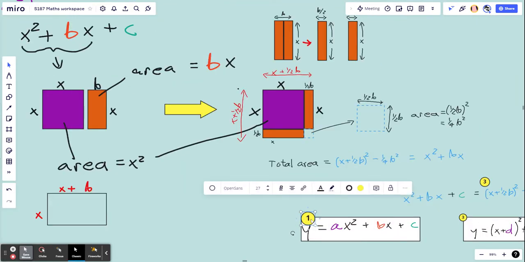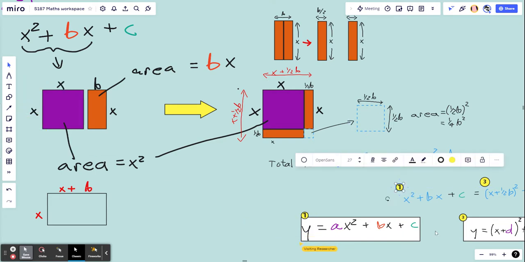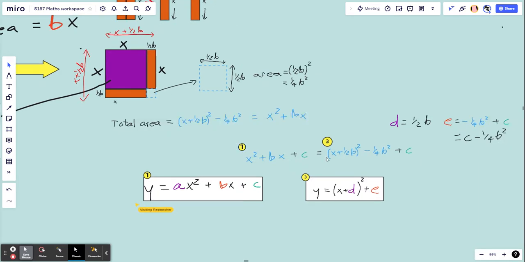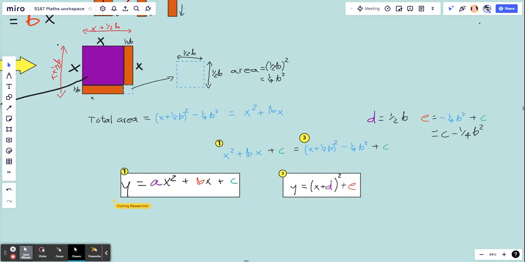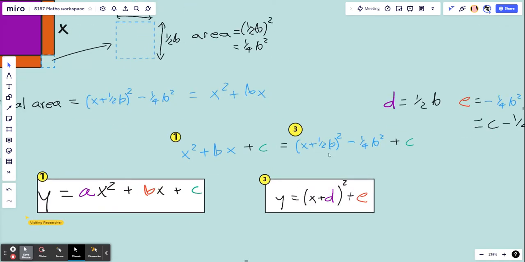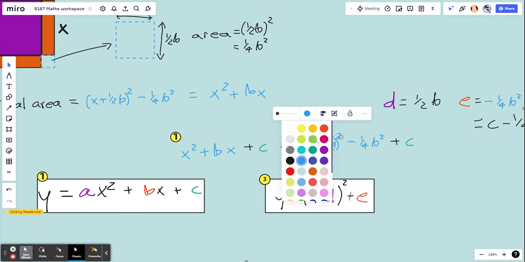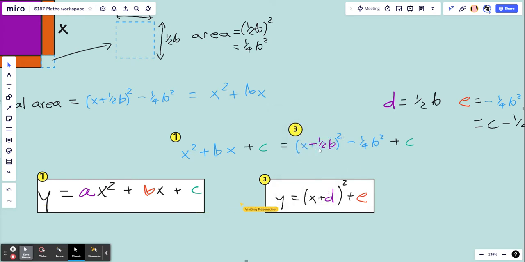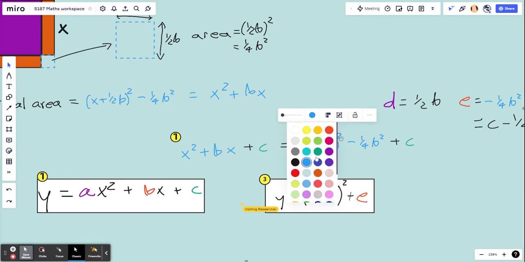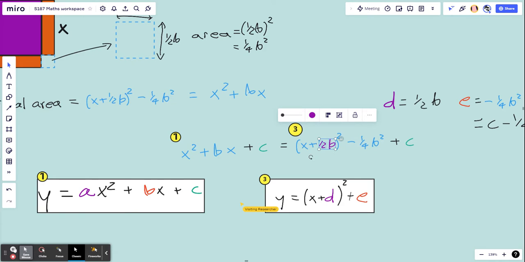So that's the first format of the equation, which I might also shrink. So that's over there. And so basically comparing this to that now, we can see that the D is this bit here. I'm going to color code that as purple. I'm going to pause this while I do that.